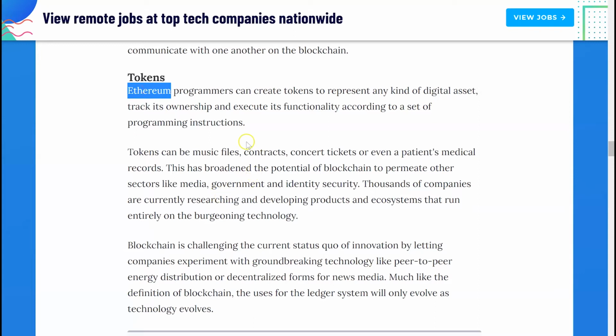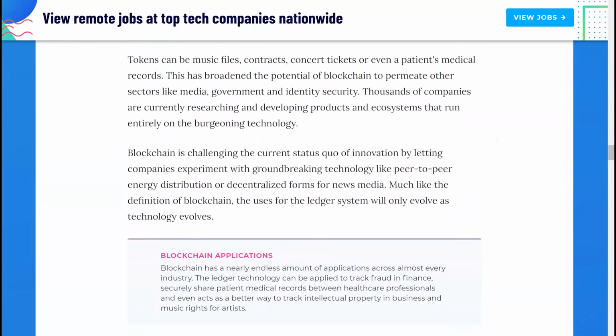Now, continuing. Tokens can be music files, contracts, concert tickets, or even a patient's medical records. Those are NFTs. This has broadened the potential of blockchain to permeate other sectors like media, government, and identity security. Thousands of companies are currently researching and developing products and ecosystems that run entirely on the burgeoning technology.